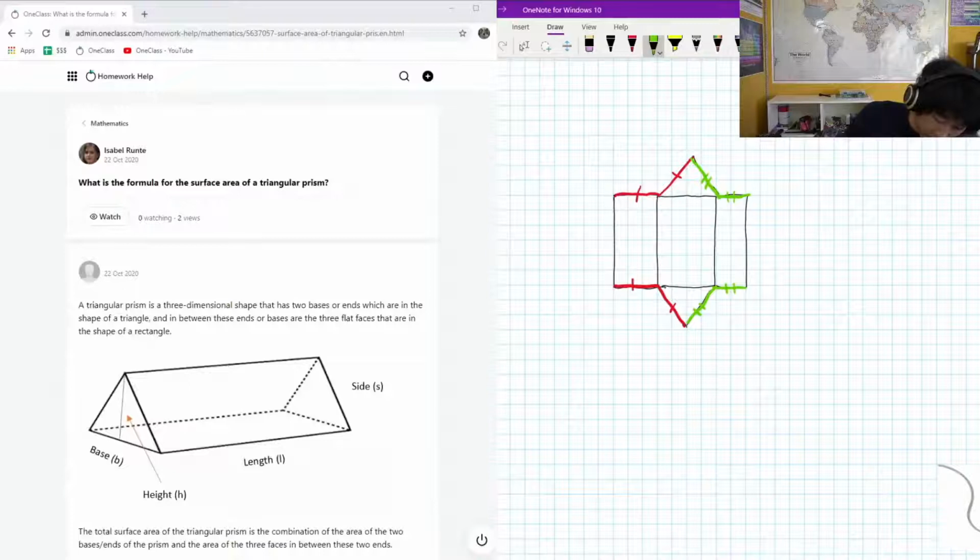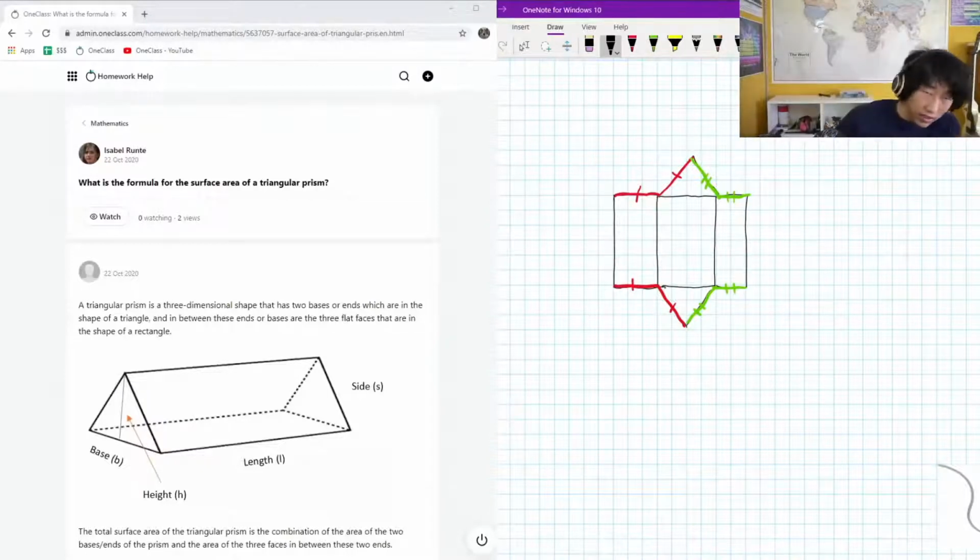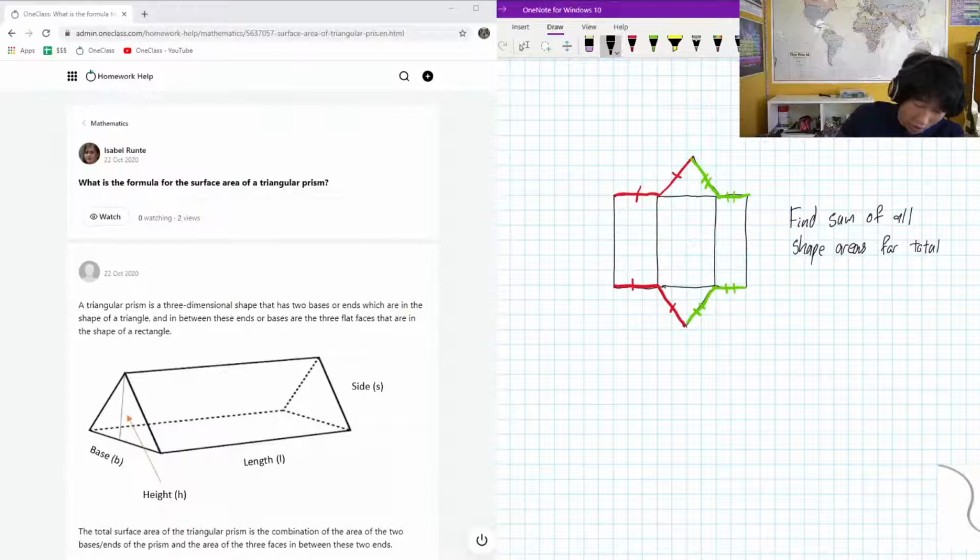And yeah, so essentially what we've got to do here is find the sum of all shape areas for the total surface area.